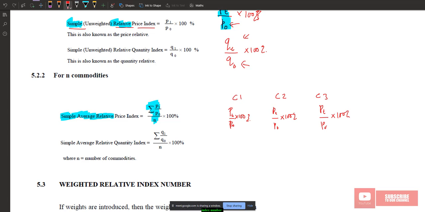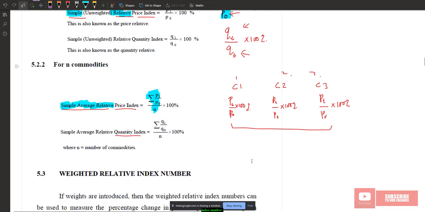If you want to find the simple average relative, we just need to add these index numbers together and divide by n. n is equal to 3: 1, 2, 3. Right. So this is how we calculate simple average index number. We can change the symbol of price to the symbol of quantity depending on what index number you want to find.